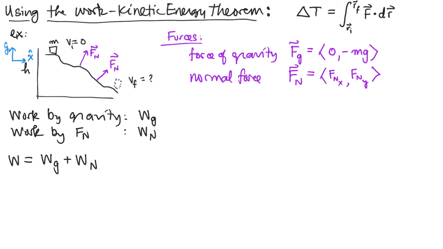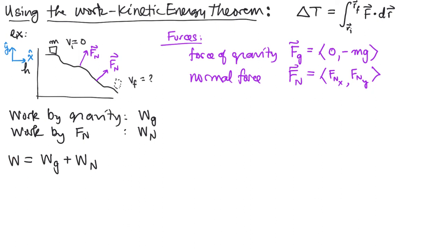Notice that's different than saying the work is equal to the net force integrated, where here we're looking at the work from each force separately, and then we add up those contributions to get the total work.